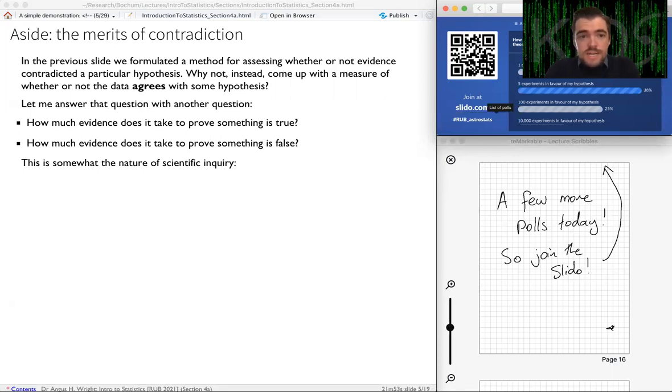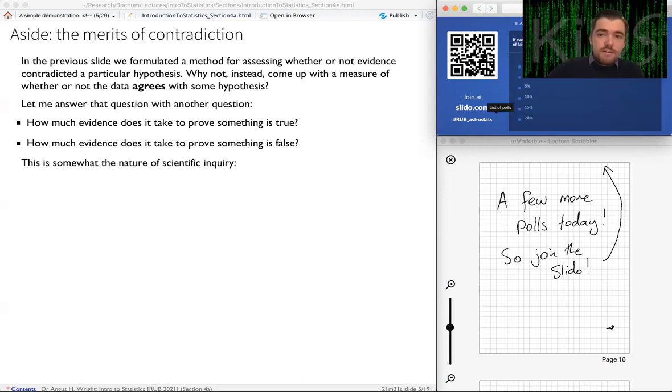However, an infinite number of observations would be required for you to say with 100% certainty that this theory is correct, because all it takes is the next observation to disagree with the theory, and all of a sudden you're back to square one, right?